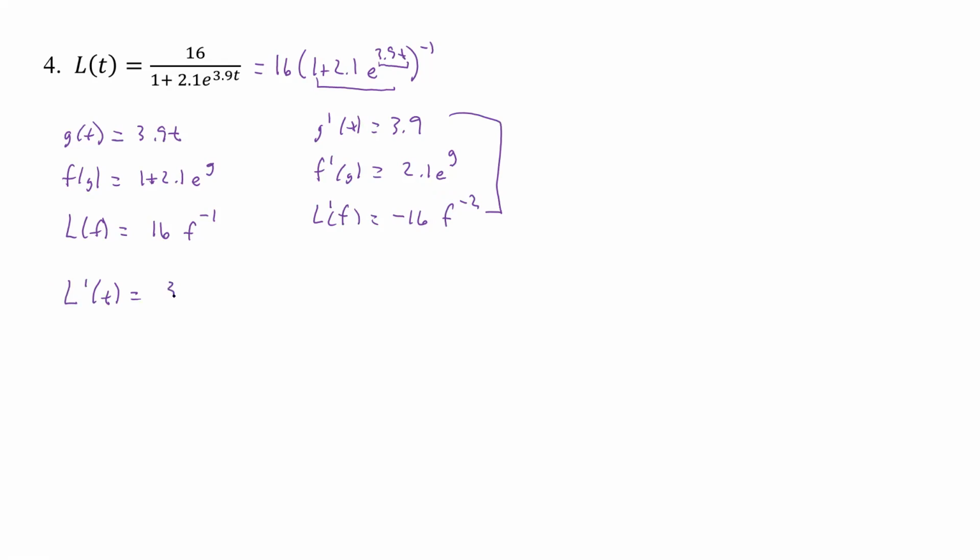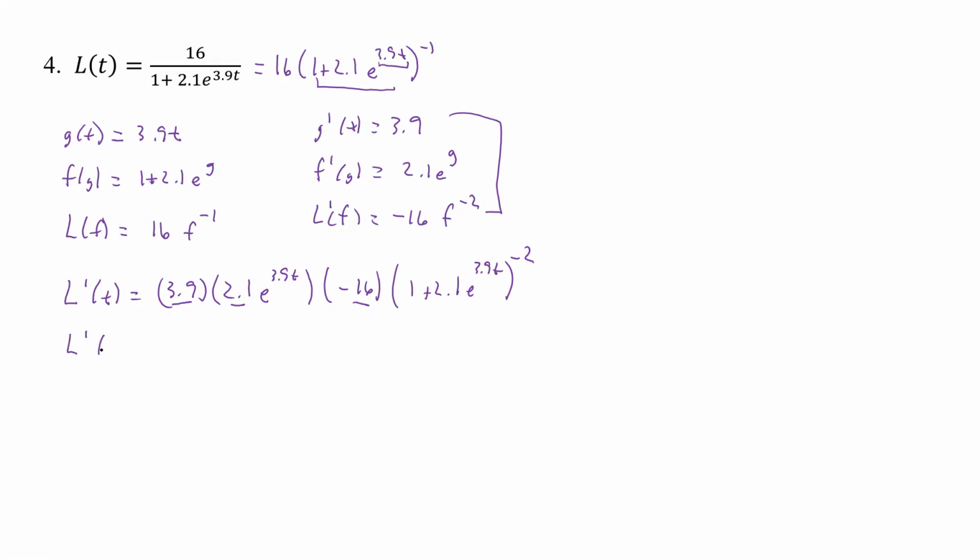So we'll have 3.9 times 2.1 e to the 3.9t times negative 16 times 1 plus 2.1 e to the 3.9t, and then it's to the negative 2. Now I'm going to leave it with the negative 2 here, but because I have to take the second derivative, I'm going to multiply this times this, and that's going to help me hopefully.